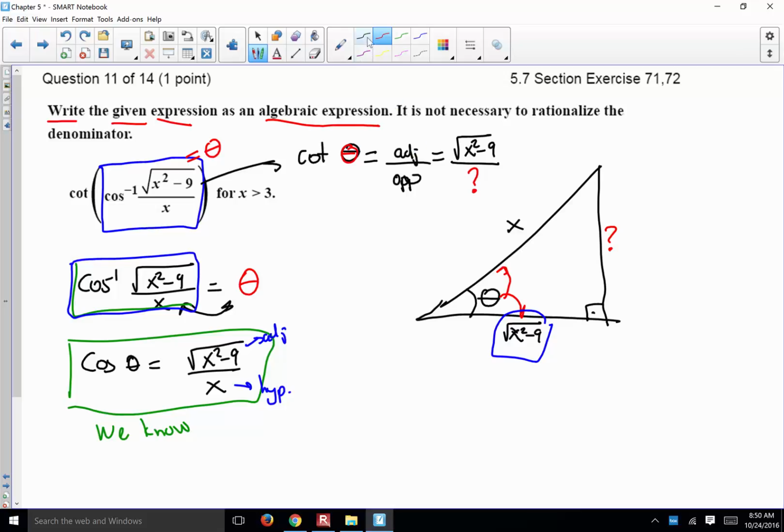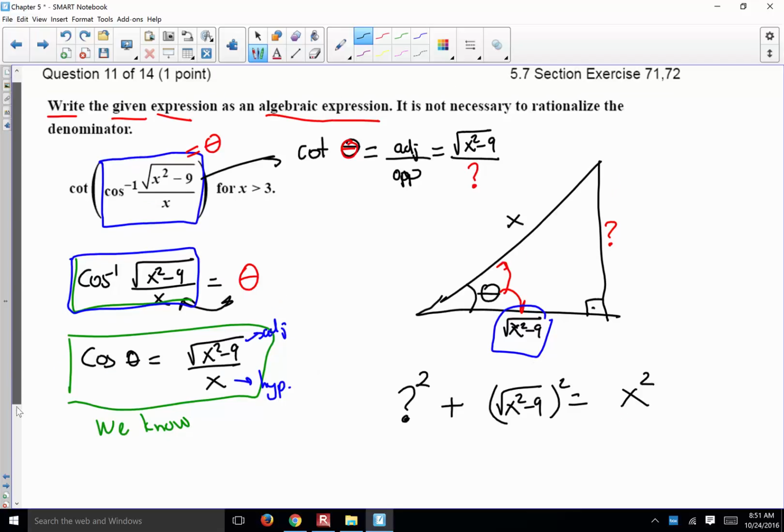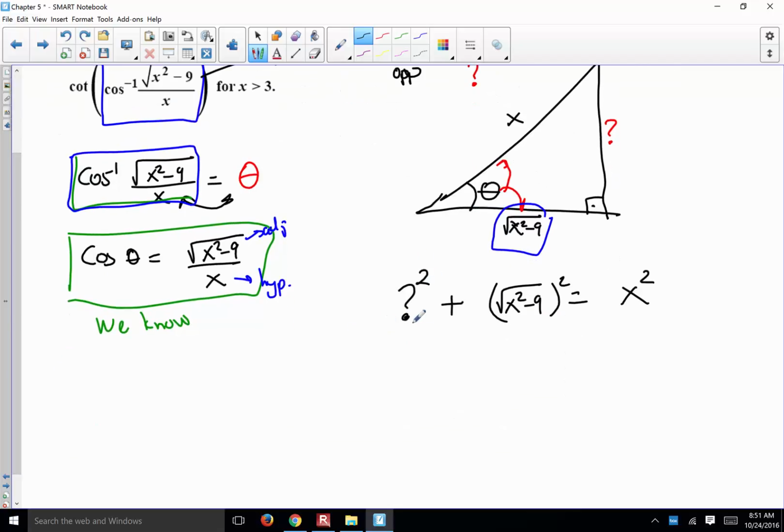Yeah, use the Pythagorean theorem. The square of the unknown side plus the square of the adjacent side makes the square of the hypotenuse. You're pretty much doing the part I didn't do earlier, like sine squared plus cosine squared equals 1, kind of similar. They're kind of paying off the same bill, but I find this slightly easier because these are canceling.